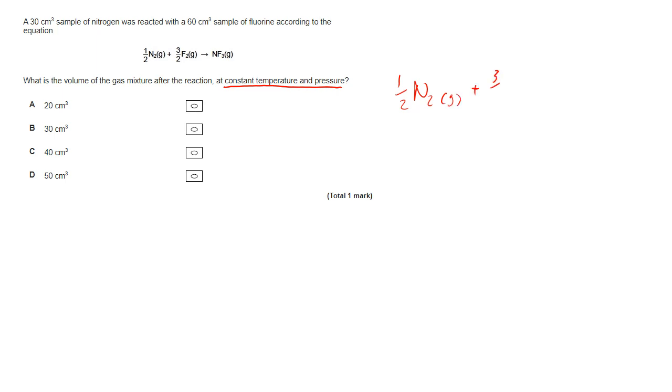If you want, you can times everything in the equation by 2 just to get rid of the fractions, but you don't really need to. So the nitrogen, I'm starting off with 30, and the fluorine, I'm starting off with 60, NF3, I'm starting off with 0.